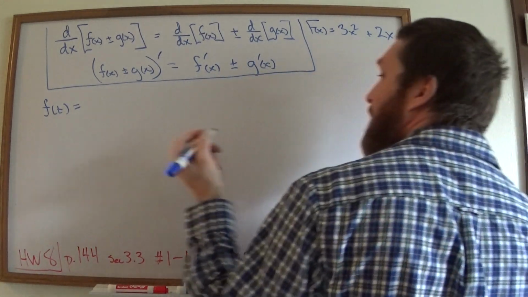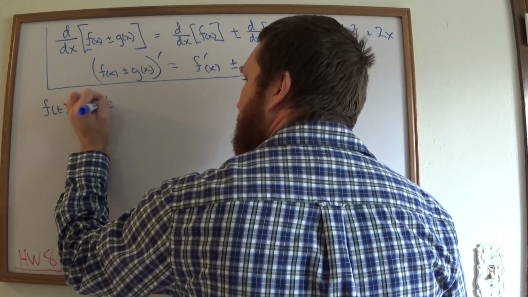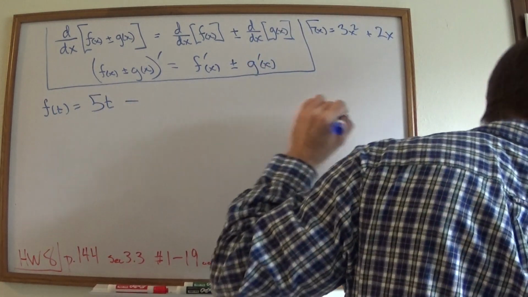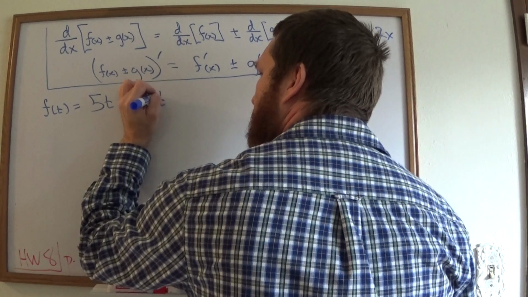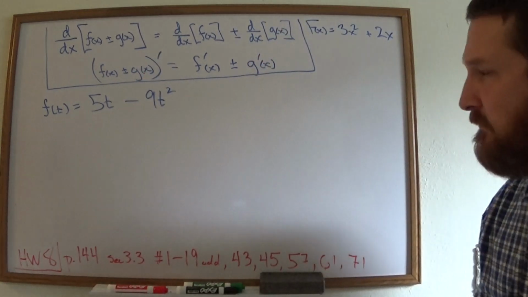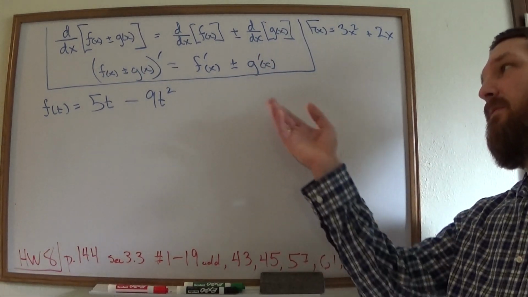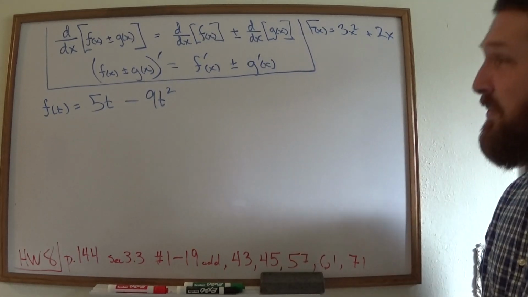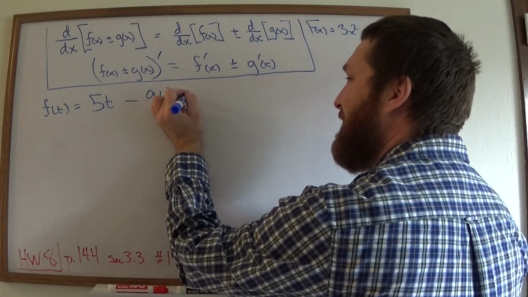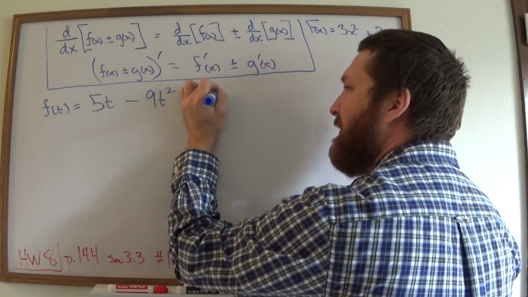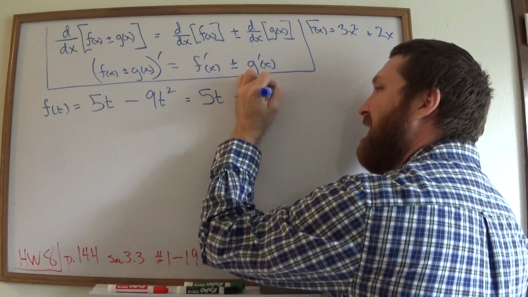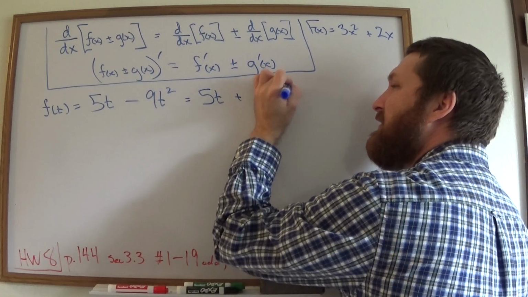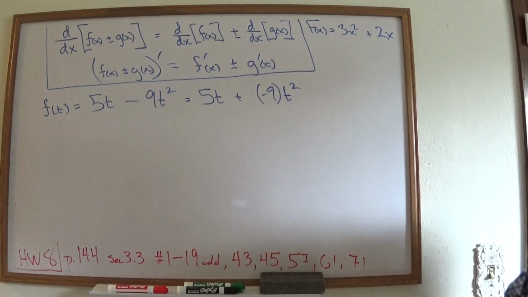Your f of t was 5t minus 9t squared. Now, if I didn't have the plus or minus, you might go, oh, we don't know what to do! Or you could just say, well, isn't that the same thing as 5t plus a negative 9t squared? Yep, it's exactly the same.